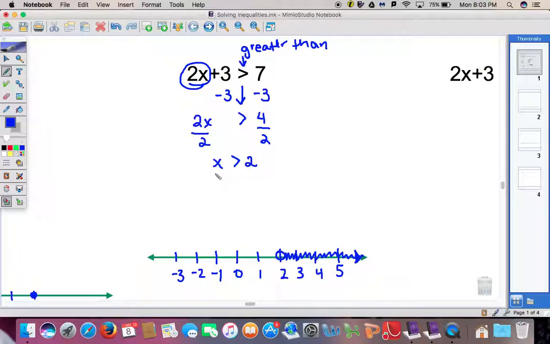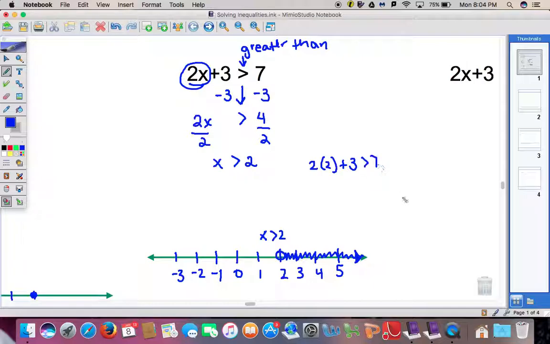Now, when your variable is on the left side of your inequality symbol, the symbol is pointing in the direction that you would shade. We have x is greater than 2. Here's 2, and 3 is greater than 2, so that'll work. And 4 is greater than 2, so that should work. And 5 is greater than 2 as well, so that would be a good answer. But is 2 a good answer? If we substituted 2 back in here, we would have 2 times 2 plus 3.